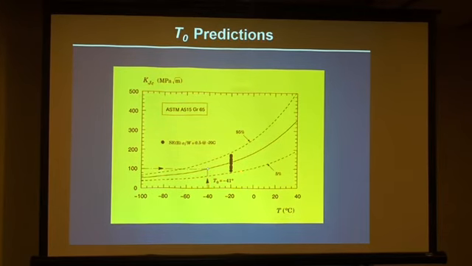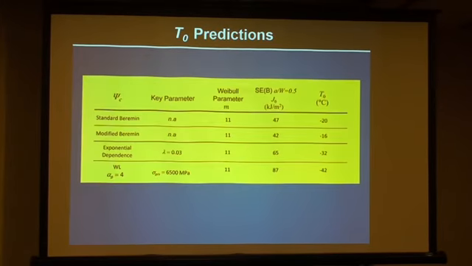So again, just to remember, the T0 is minus 41 degrees, and those are the T0 predictions using the standard Beremin, the modified Beremin, which has an exponential term that is a function of the plastic strain, the exponential dependence model, and the particle distribution model, with fixed Weibull parameters. So this is the predicted characteristic toughness here, and these are the predicted T0.